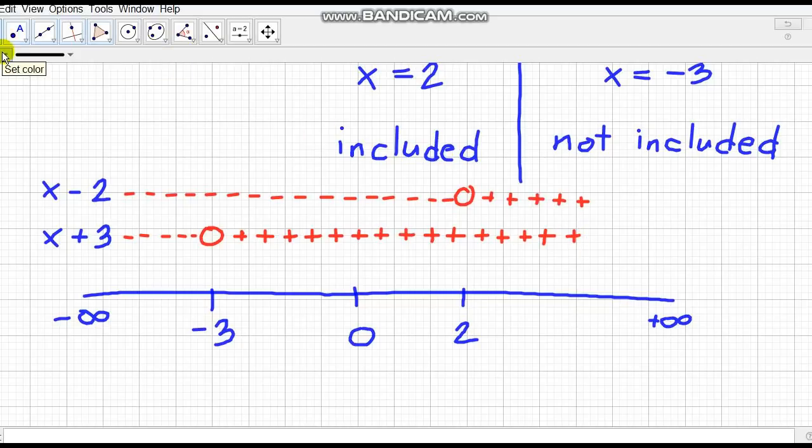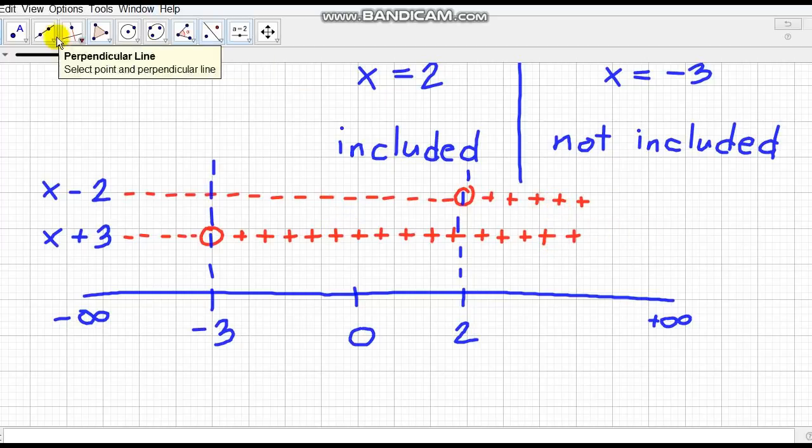Now, what's the significance of this? We're going to select regions because since we now have the signs here, we can separate the number line into several regions. So let me break it down here. The division is on the values of zeros. So we have three regions here: the negative negative, the negative positive, and positive positive.